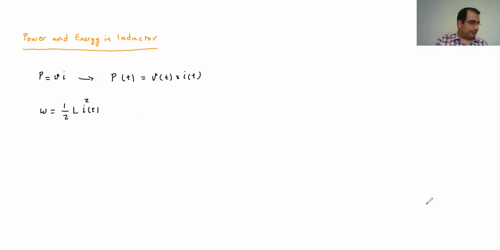Now let's look at an example to see how we can calculate the power and energy for the inductor. So assume we have an inductor, again like that, and L is going to be 5 henries.